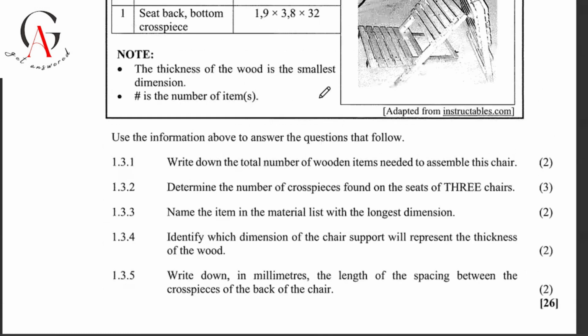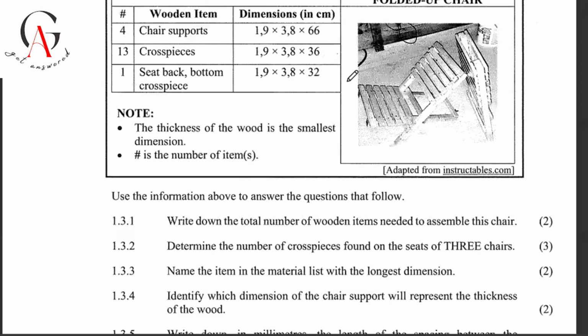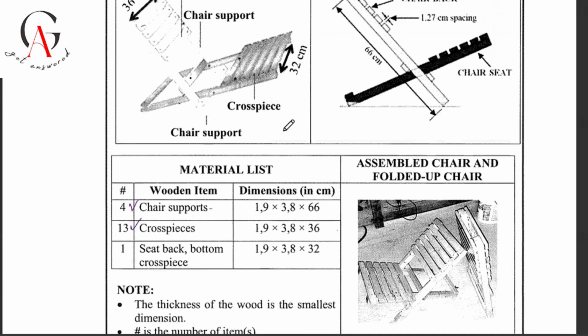Now what we're going to do, items are here, but we are looking for wooden. We need 4 chair supports and 13 cross pieces. The cross pieces are these blocks that you have: 1, 2, 3, 4, 5, 6, 7, 8, 9, 10, 11, 12, 13.